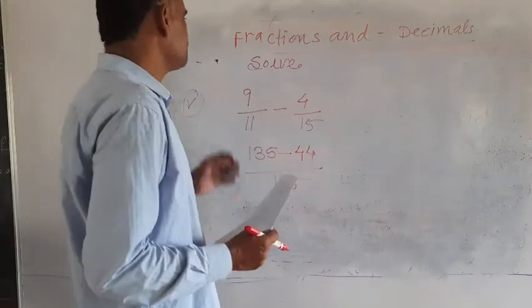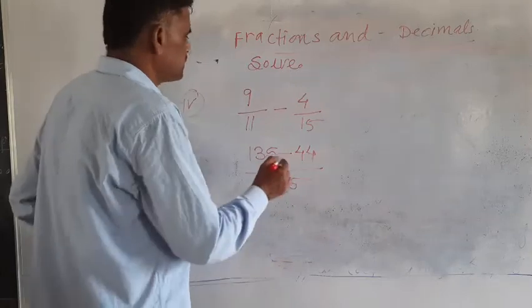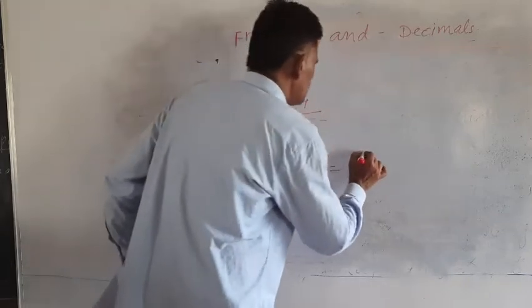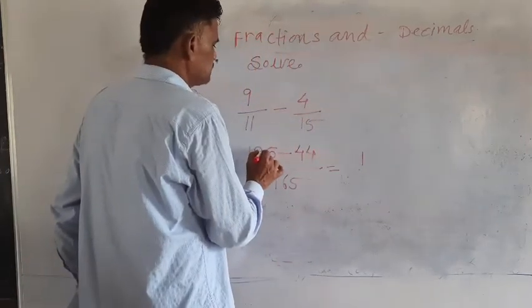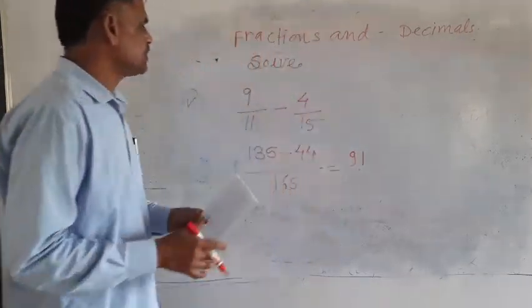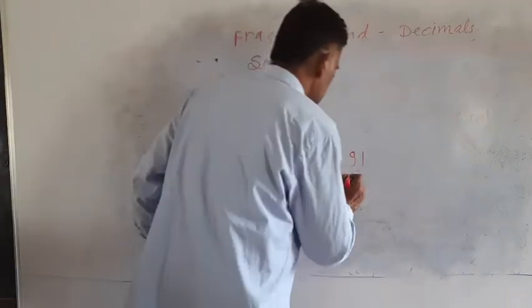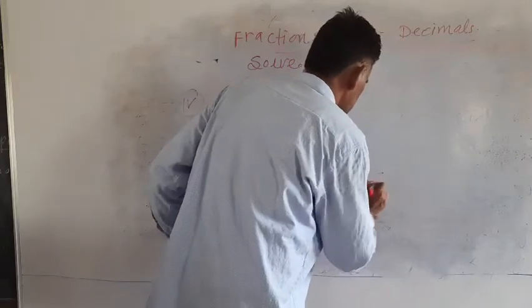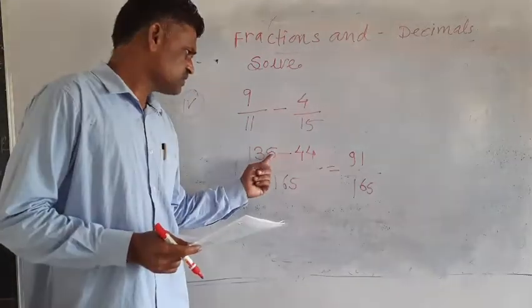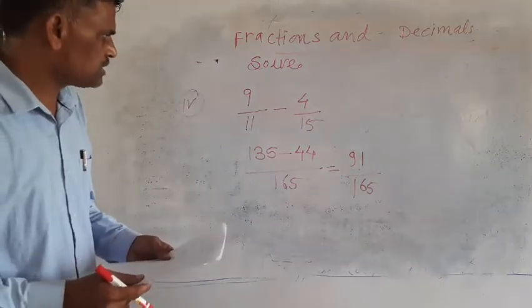When we subtract 44 from 135, we get 91. Dear students, you see here, 91 divided by 165 is our answer.